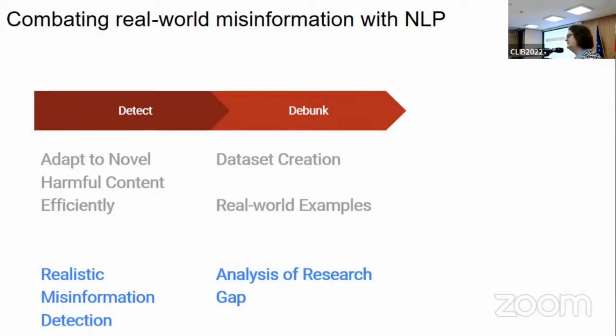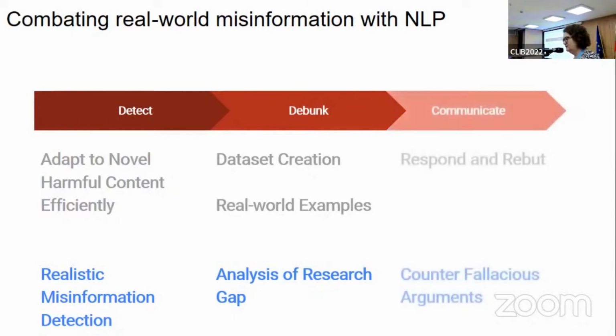And we mainly analyzed the current research gap to propose future research directions. And the final part was all about how we can convince people to change their attitudes and construct effective rebuttals by using some psychological knowledge and also using the SetFit approach that we have designed.